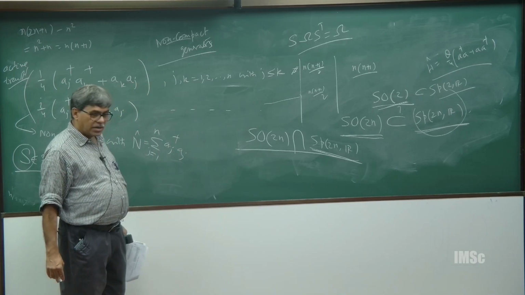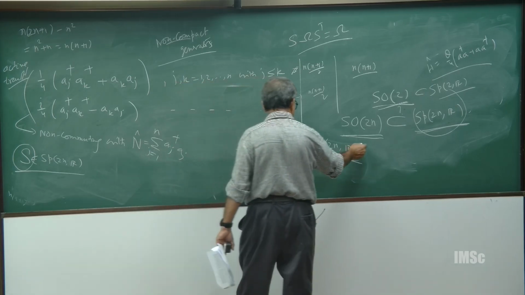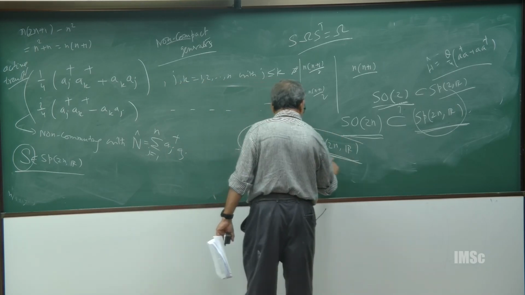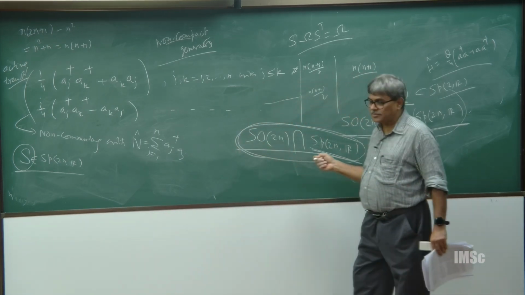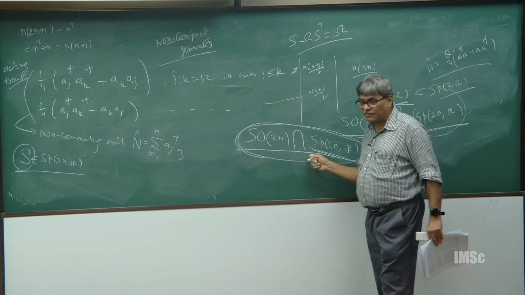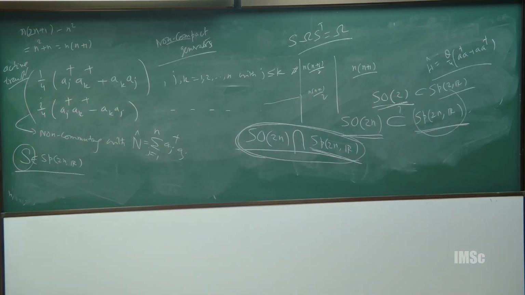This will also be a symplectic transformation, and this sort of symplectic transformation will help us to keep the eigenvalues of this covariance matrix intact.